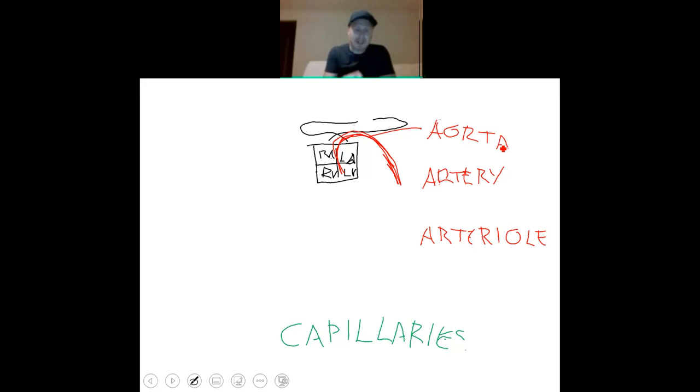So arteries in general have to be adapted to handle that fluctuation in the flow and high pressure, with the blood pushing against the walls of the blood vessels. So we have two different kinds of arteries that we want to know.